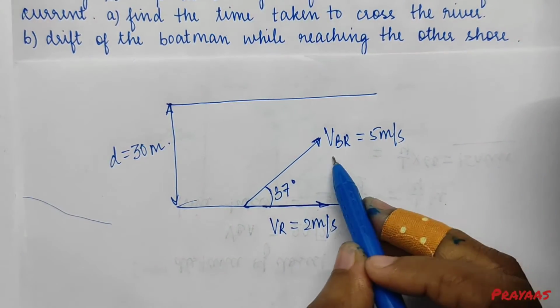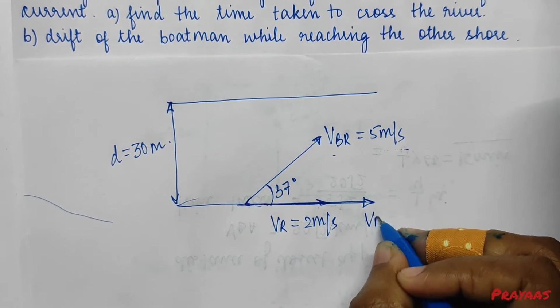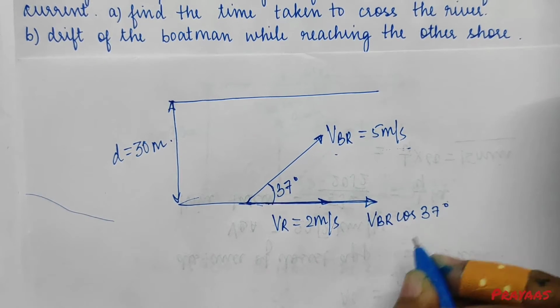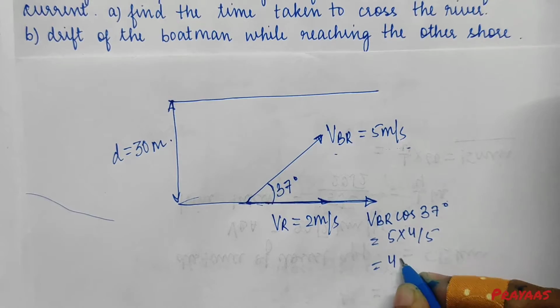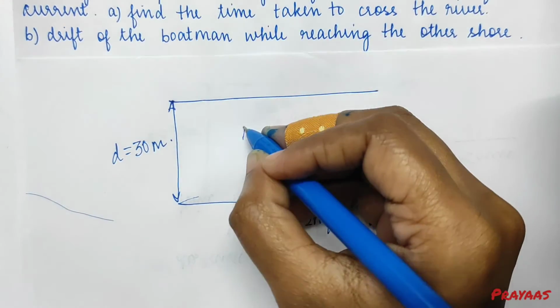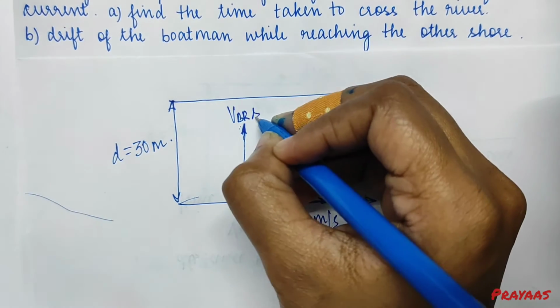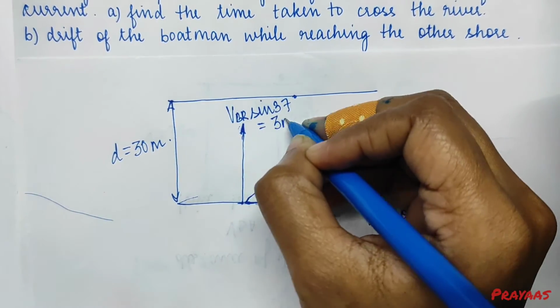Okay, so I am making two components of this velocity. So the component in this direction will be VBR cos of 37 degrees, which will come out to be 5 into 4 by 5, that is 4 meter per second. Similarly, the component in this direction will be VBR sine of 37 degrees, that will be 3 meter per second.